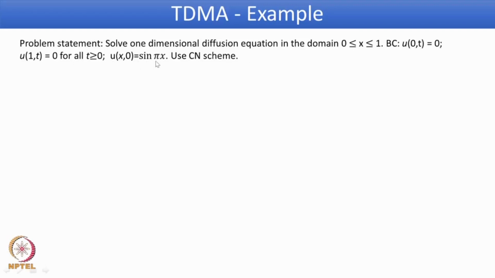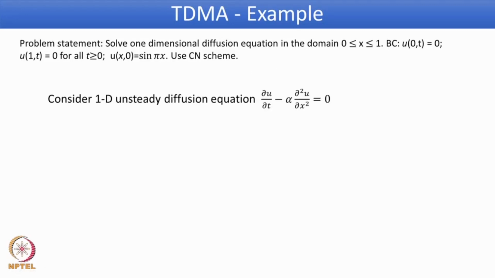So, this is the initial condition and these are all boundary conditions applied at x equal to 0 and at x equal to 1 for t greater than or equal to 0, and specifically it is given to follow the Crank-Nicolson scheme, CN scheme. We already learned this before, we will repeat it here again.